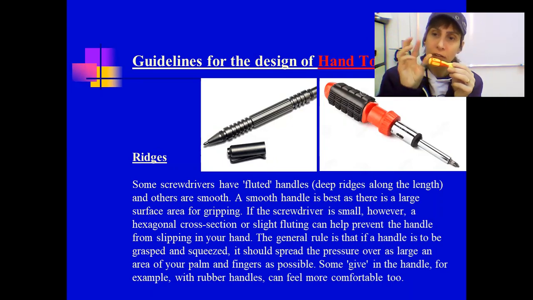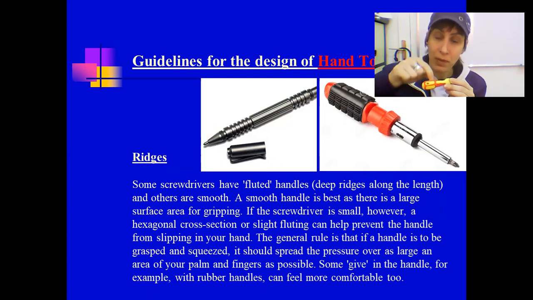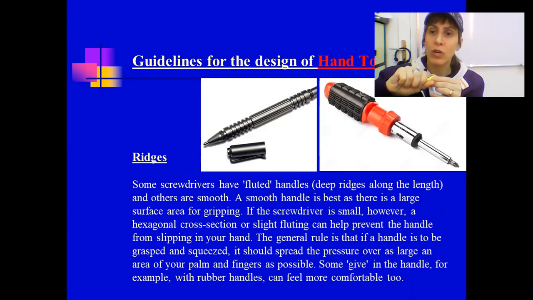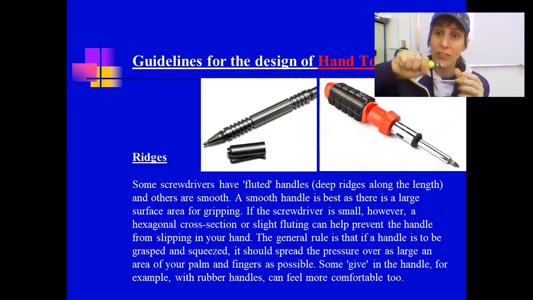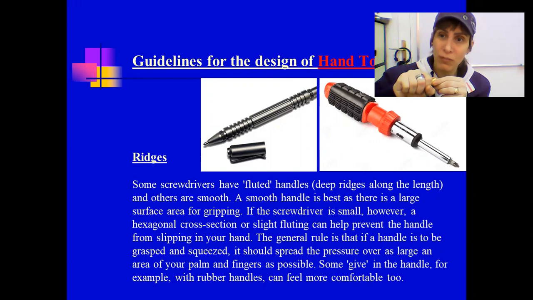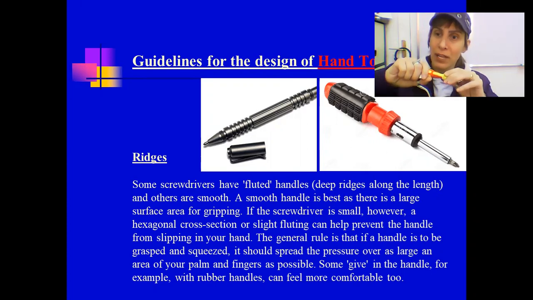But if the handle is small, usually ridges are placed in the design so that they prevent the hand from slipping. Because when this becomes too small, you cannot hold it securely in your hand. It has more difficulty in holding. It can slip. If it's large enough, you can hold it.